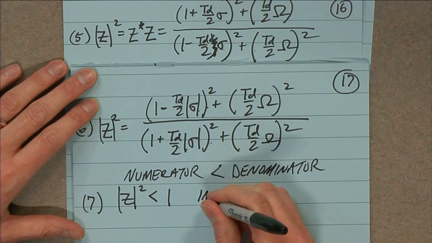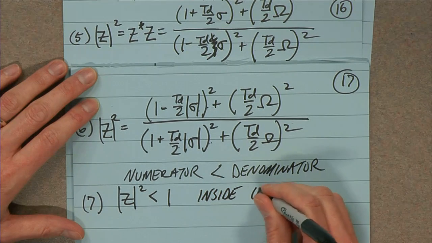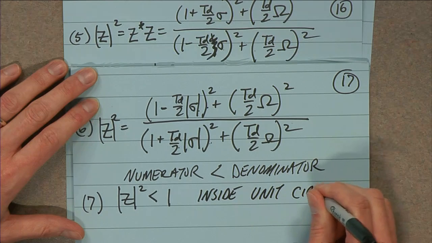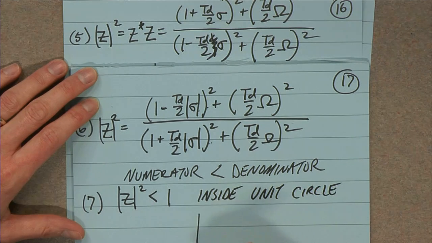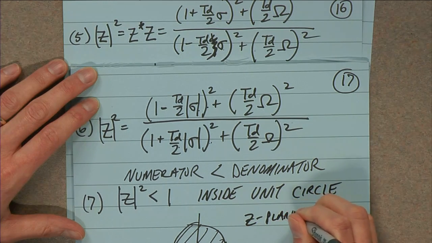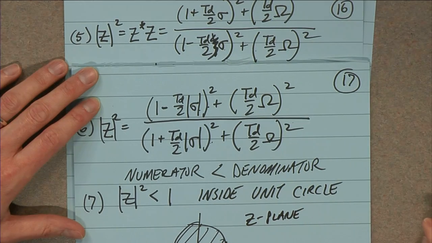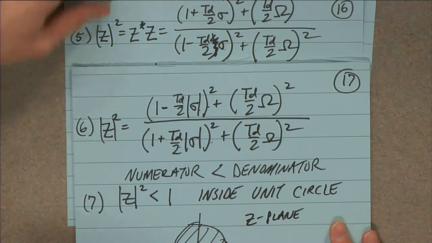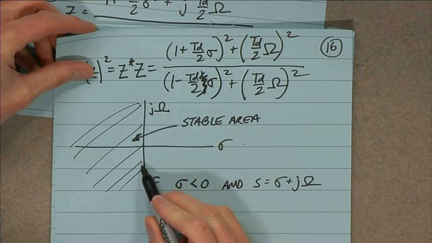And so that's inside the unit circle. If we go back to the z-plane, we've got that. So the nice thing is we've mapped the stable area for continuous time.